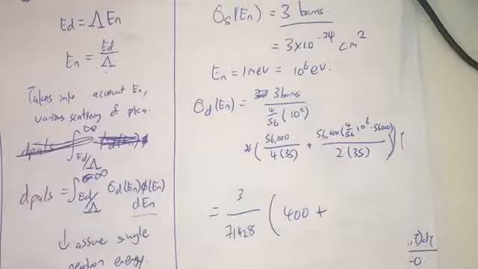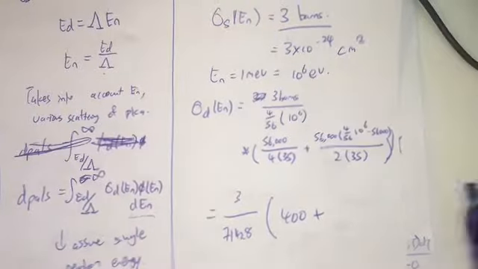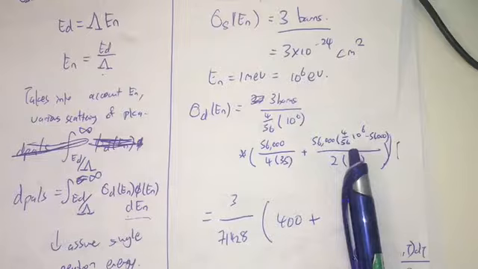Okay. So let's calculate the second term. 56,000 times bracket 4 over 56 times 10 to the 6 minus 56,000, divided by 2 divided by 35.